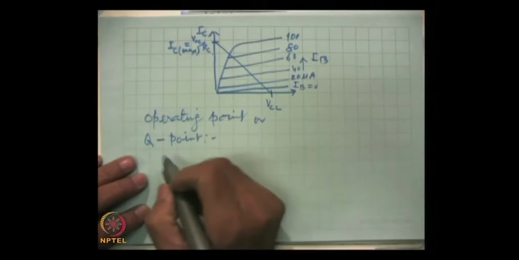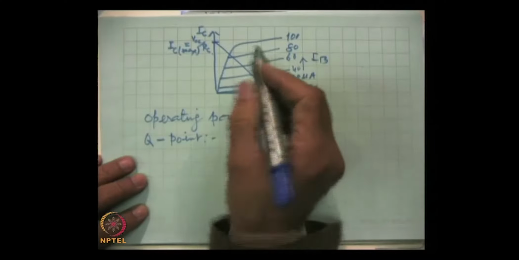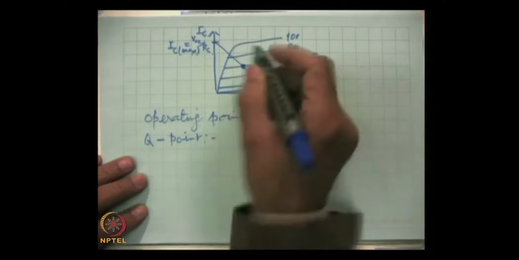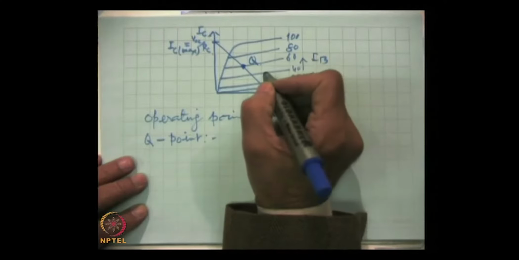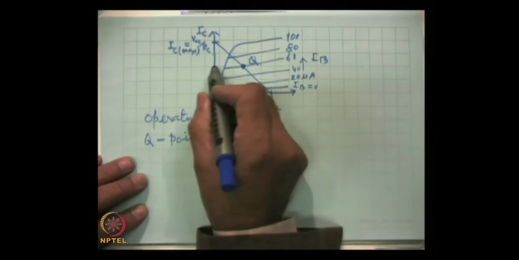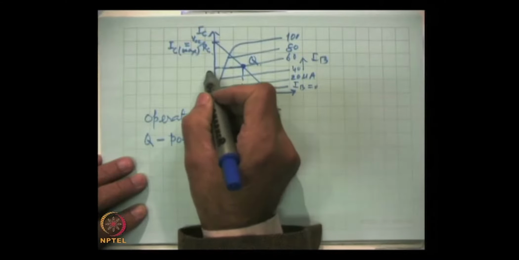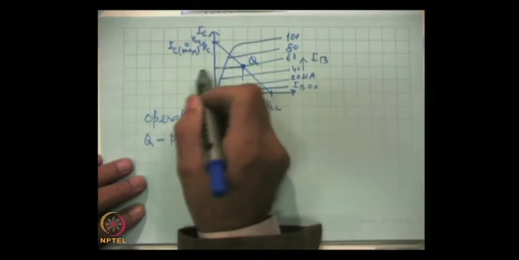By choosing an operating point, we mean, for example, this point is our operating point Q. Then that means we have chosen a DC collector current which will be flowing in the circuit in the absence of AC signal.